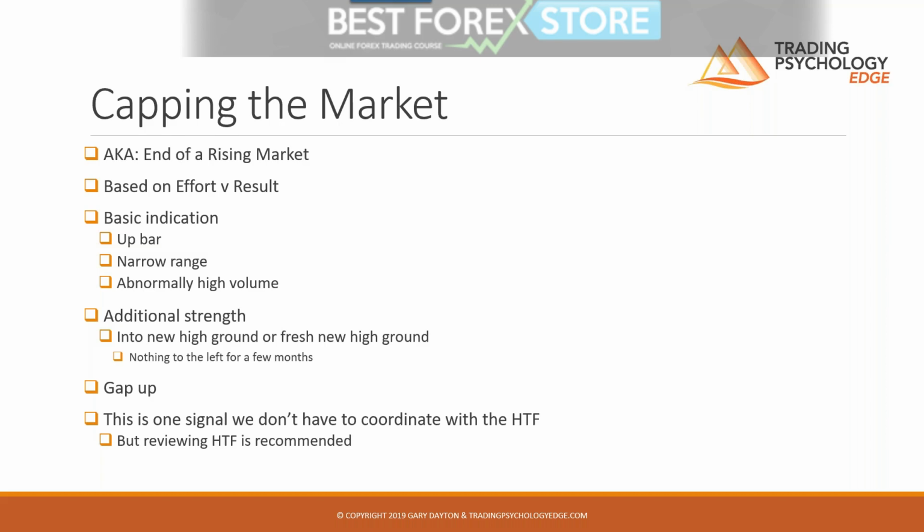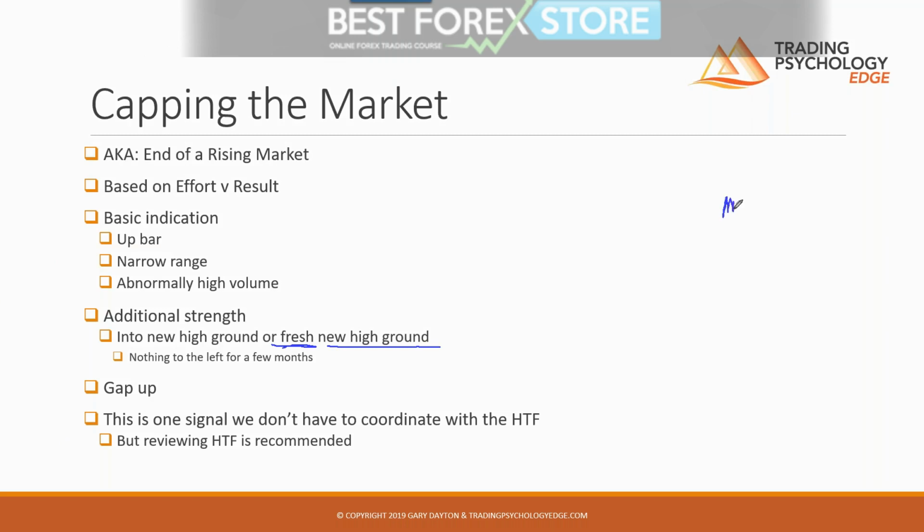So the S&P is above whatever the high was, the recent one, 2,700 and change. A new high into 2,800. That's new high ground. Fresh new high ground would be a high into an area where for the last, say, 3 months or so, there was nothing on your chart to the left.